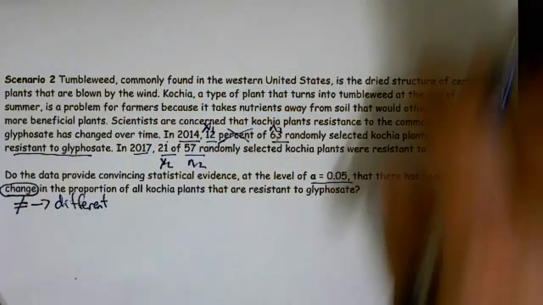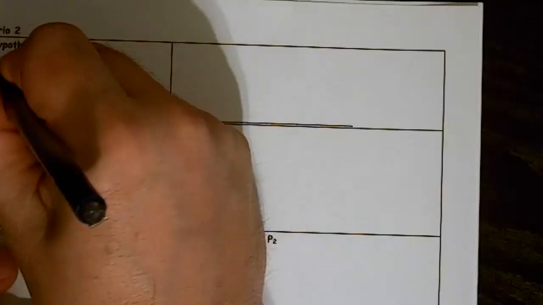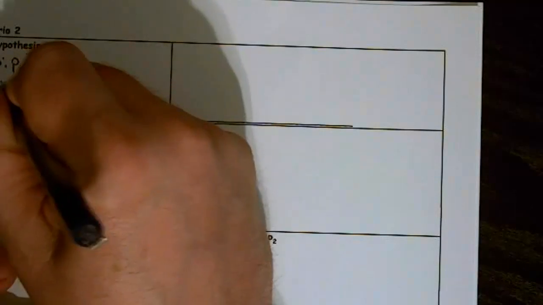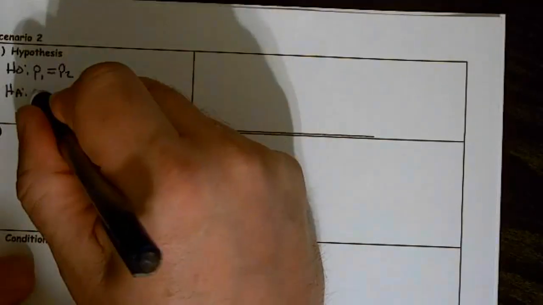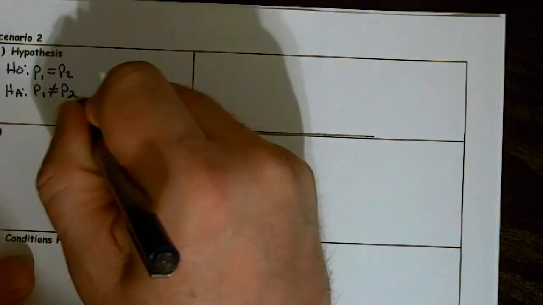All right? So our hypothesis test, H0, well, that part's always going to be P1 equal P2. That part's easy. The HA, there was nothing about greater than or less than. It was about change. So P1 does not equal P2.